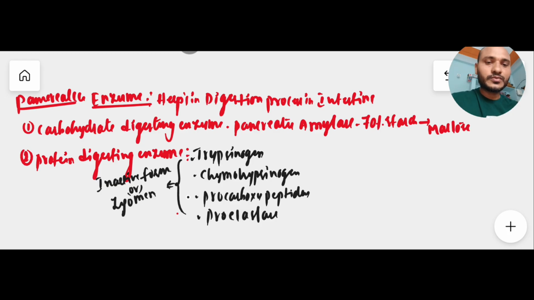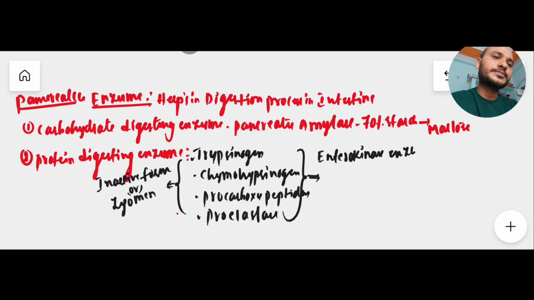This inactive form of enzyme must get activated, and all these enzymes get activated in the presence of an enzyme called enterokinase, which converts inactive enzymes into active enzymes.